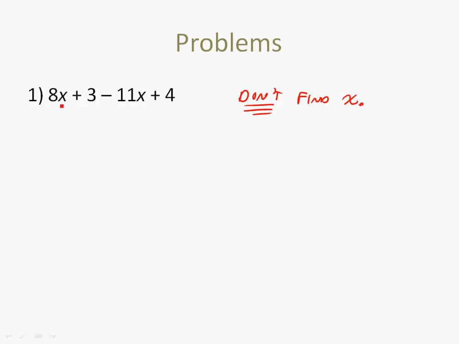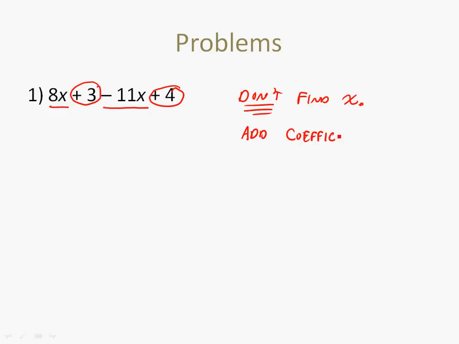So we have 8x, and I want to look for any like terms, and it looks like we have a minus 11x, okay, and that looks like all the x's. And then I have plus 3, so there's a constant. And I have plus 4, so there's a constant. And we're going to add the coefficients.